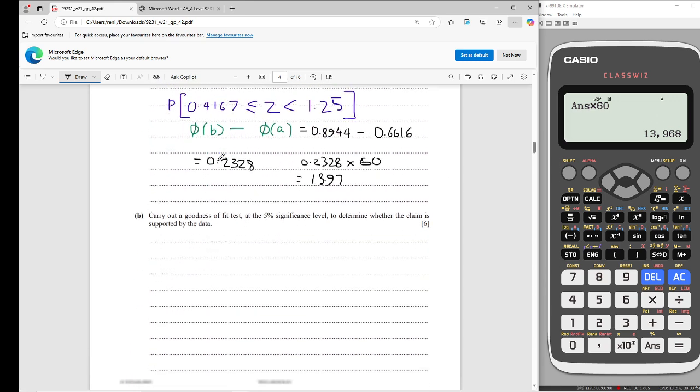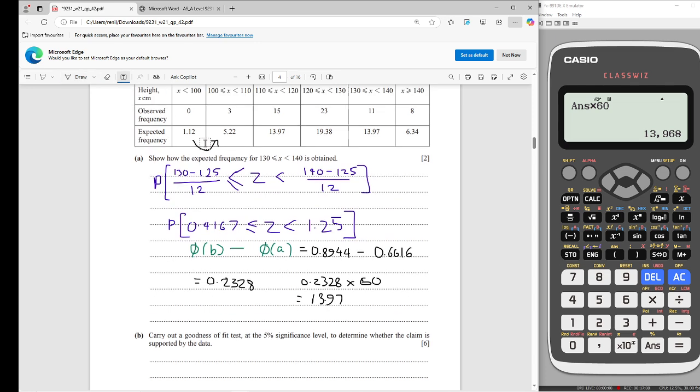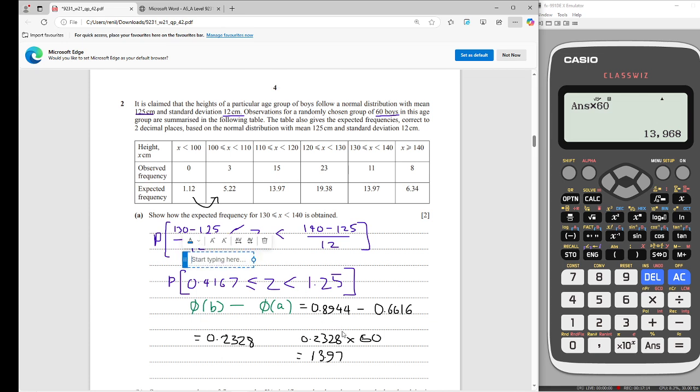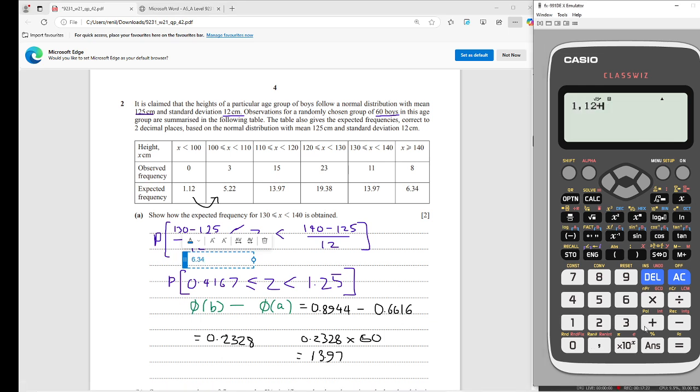Okay, so we're gonna have here, let's see, 1.12 plus 5.22, this should be 6.34. Since this is test statistics based, I'm gonna just check it out just in case. Yeah, 6.34.